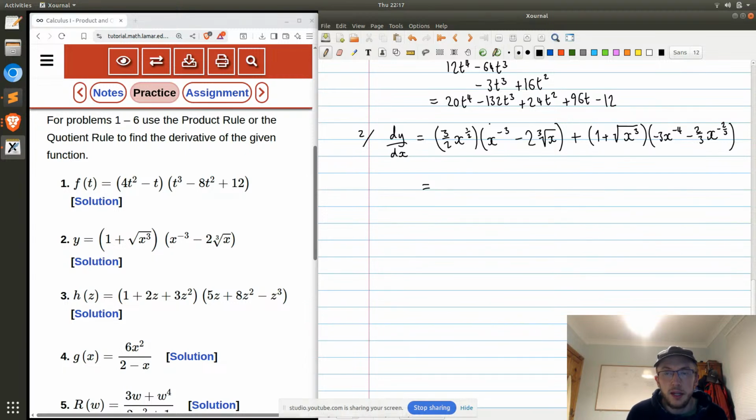So that's a half there, that's a negative 3 there, so it's going to be negative 2.5, which is negative 5 over 2. So 3 over 2 x to the negative 5 over 2. And that there is going to be minus 3 for the coefficient.